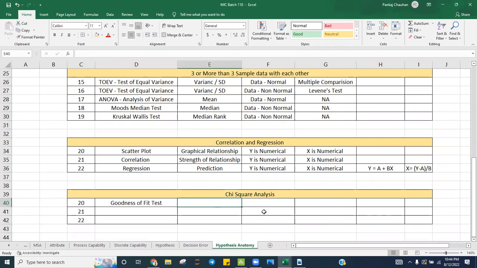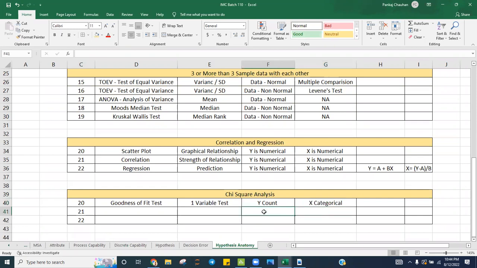We perform it when the Y variable is count in nature and your X variable is categorical in nature. When Y is count and X is categorical, then we perform the one variable test.